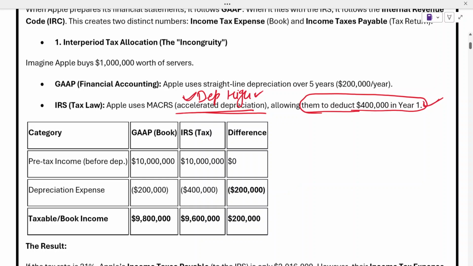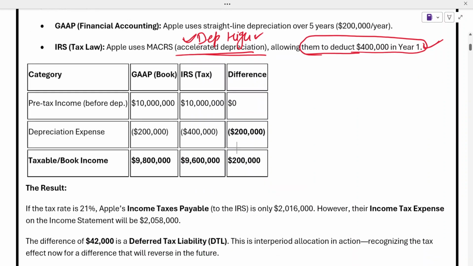Now the GAAP book income will be 9.8 million, which is 10 million minus $200,000. But the IRS will say no, your income will be 9.6 million. So Apple needs to pay the taxes on this 9.6 million.